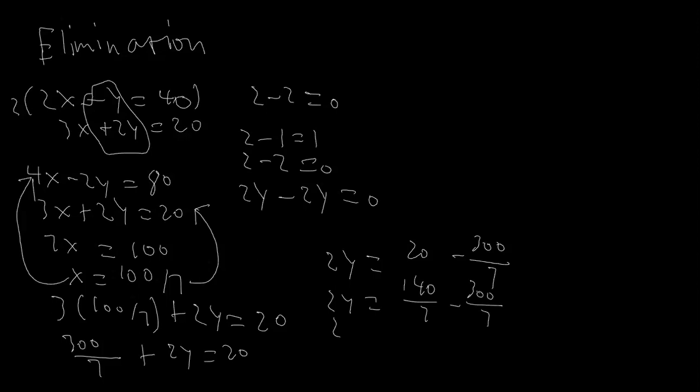So then it would be 2y, when we subtract, negative 160 over 7. And then multiply both sides by 1/2, and then our answer will be y is equal to negative 160 over 14.